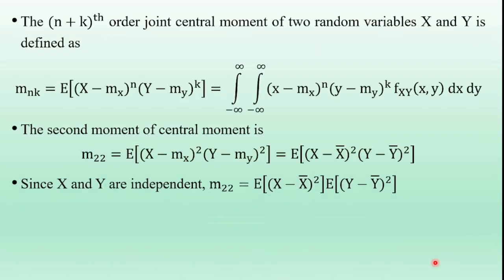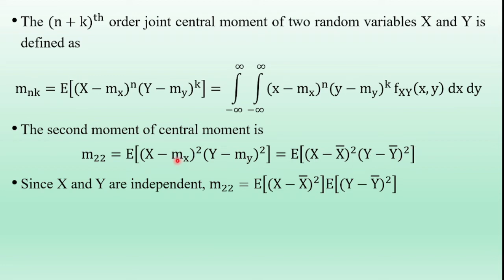Now we can calculate the M22 value. We know that M22 is equal to the expectation of (x minus mx) whole square into (y minus my) whole square. Mx is the mean value of x, also represented as x bar, and My is the mean value of y, also represented as y bar.